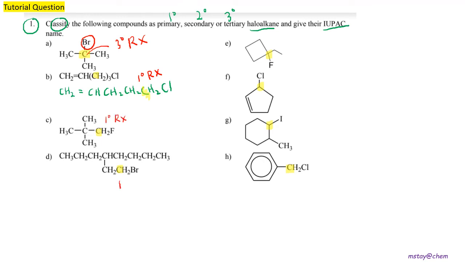D also primary haloalkane. E, this carbon is bonded to 1, 2, and 3, so it's tertiary haloalkane. This one is secondary haloalkane, and this one is also considered as carbon bonded to 1, 2, so it's secondary haloalkane. And the last one is primary haloalkane.